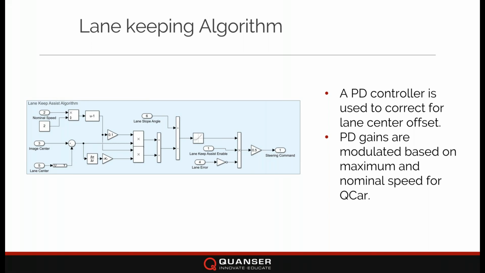I also have a constant which is meant to modulate how fast I'm going. By combining this PD controller, which allows me to stay fairly close to the center of the lane, as we'll see, with a bird's eye view, I've got an algorithm that allows me to follow a track specified by a set of colors.